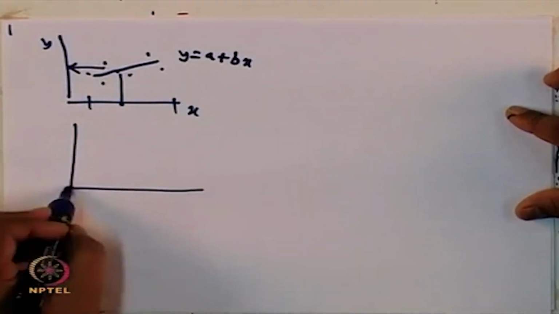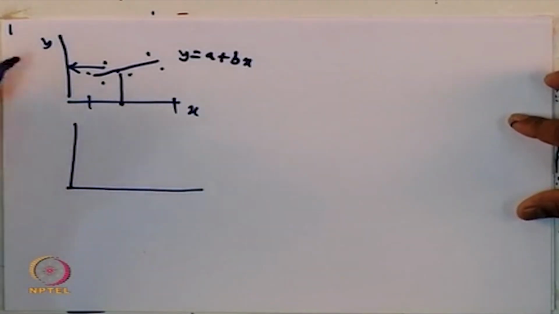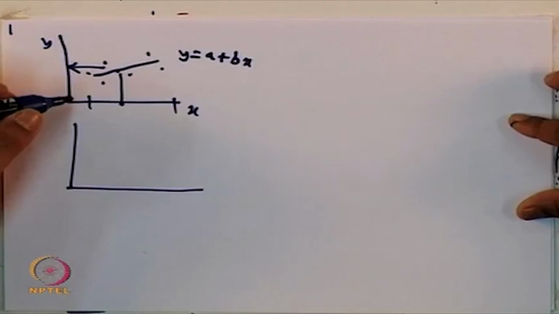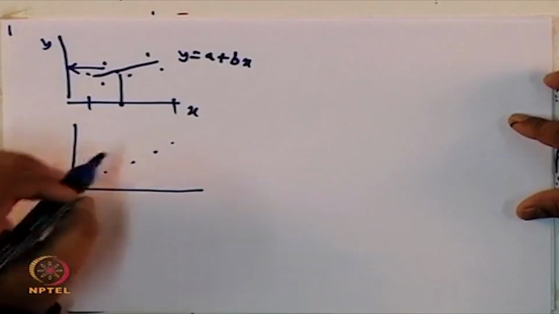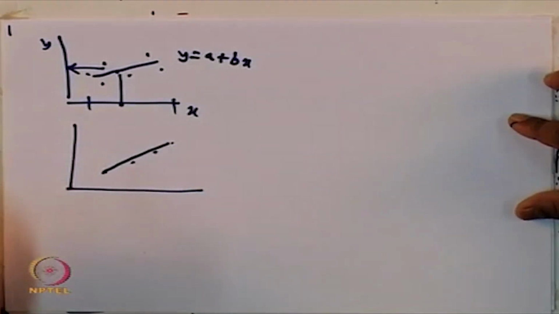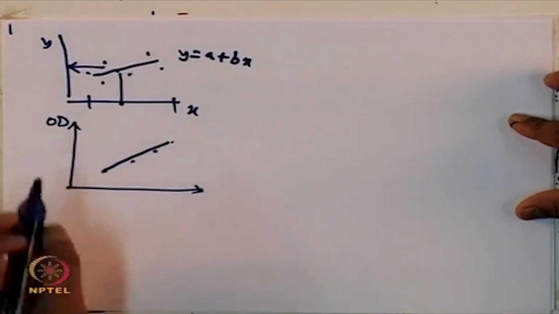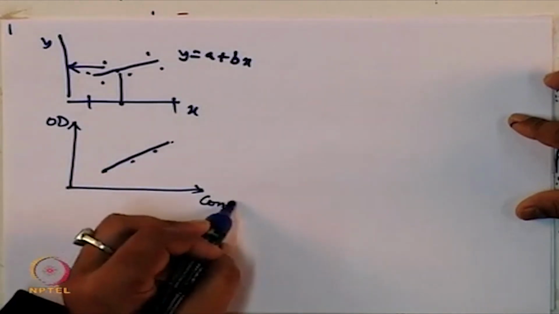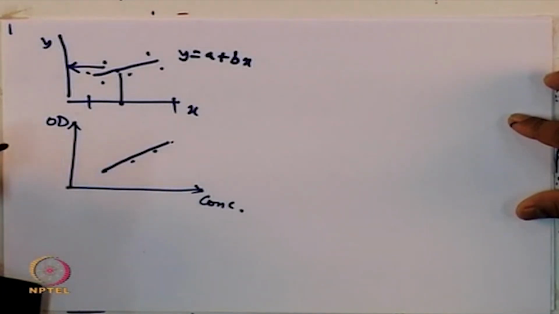But you can also do the reverse, as we discussed in the last class, where you can use linear regression to find out the protein concentration of your sample. In that case you create a standard curve and fit a line. So your x axis is concentration, and the y axis is the OD value which you take with the spectrophotometer.